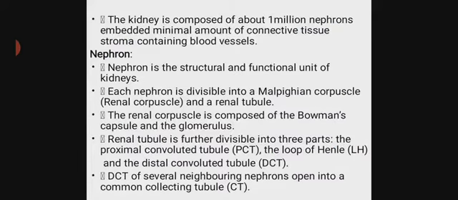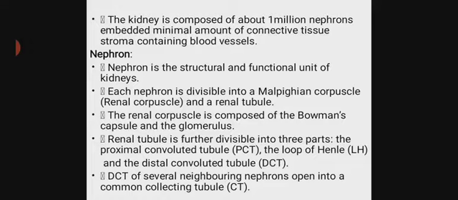The kidney is composed of about 1 million nephrons, embedded in a minimal amount of connective tissue stroma containing many blood vessels. Coming to the nephron, as I told you already, the nephron is the structural and functional unit of the kidneys. Each nephron is divisible into a Malpighian corpuscle or renal corpuscle and a renal tubule.